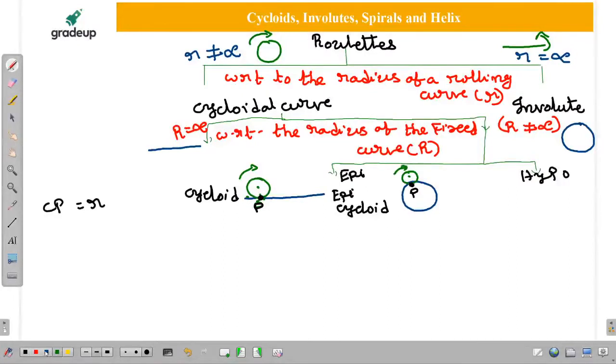Let us consider, this is a fixed curve, sir. This is a fixed curve, and a curve is rolling inside. This is a rolling curve. This is the center. If it rolls inside, then the path traced out by a point on the circumference is called hypocycloid.